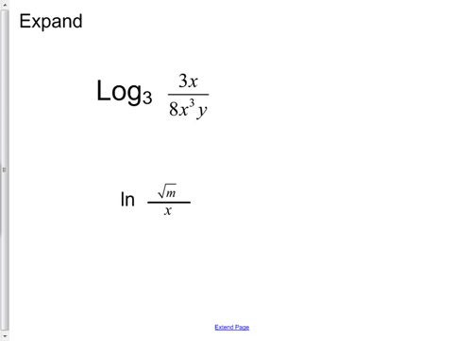All right, let's look at this one. This one, it's just too brutal, too complicated. I'm going to get the x cubed out of here and just make it log base 3 of 3x over 8y. See if you can expand that out. Do you remember that when they're divided by, then they change into subtracts?